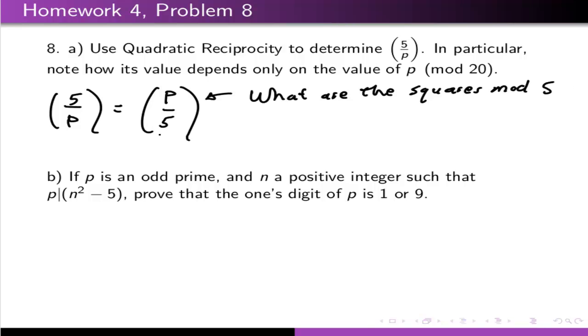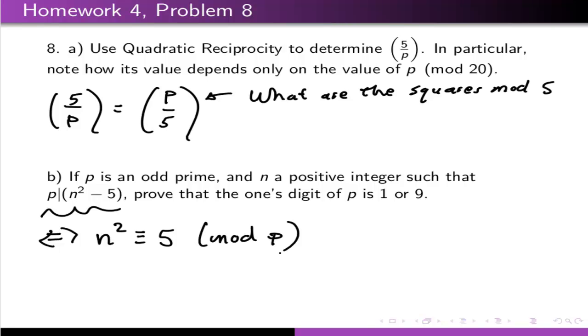And then in part B, if p is an odd prime, n is a positive integer, with p dividing this, prove that the ones digit, just turn this into a congruence. Think of it like that.